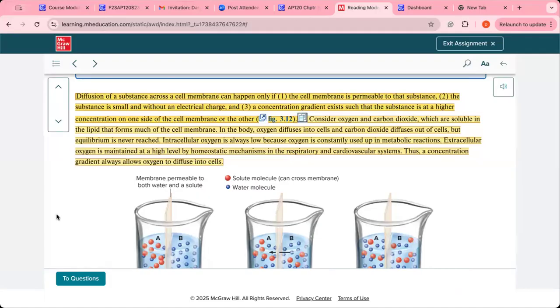Diffusion of a substance across a cell membrane can happen only if the cell membrane is permeable to that substance and the substance is small and without an electrical charge, and a concentration gradient exists such that the substance is at a higher concentration on one side of the cell membrane or the other. Yeah, but it doesn't say anything about volume of it. Keep going.